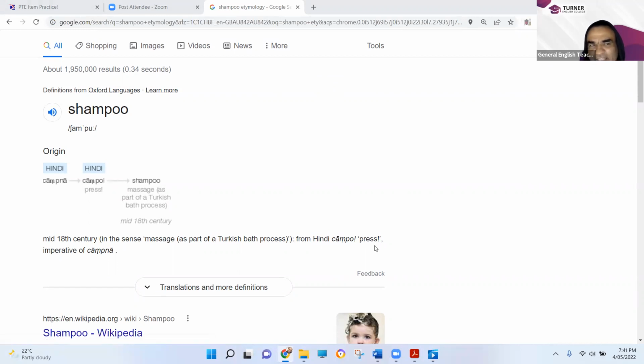What does press mean in Hindi? You press something. So the basic word comes from Hindi. The Turkish got it from you, and then the word shampoo came in the 18th century. But basically it is a Hindi word. So now you know that this comes from your language.